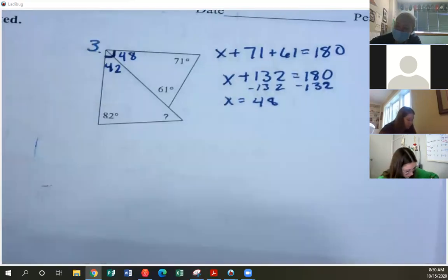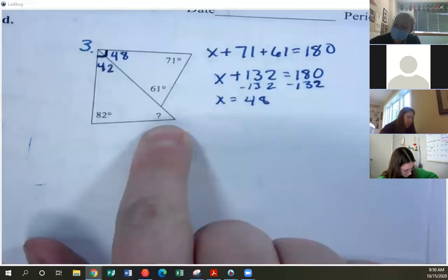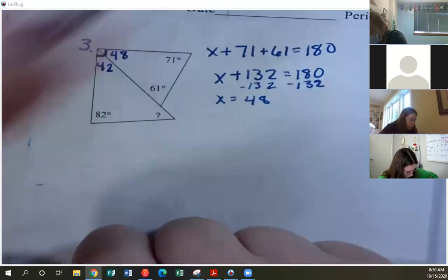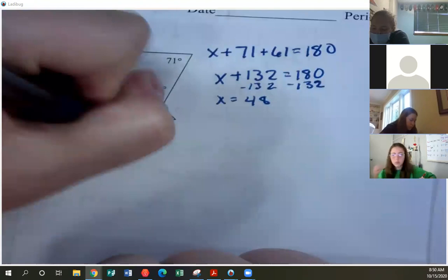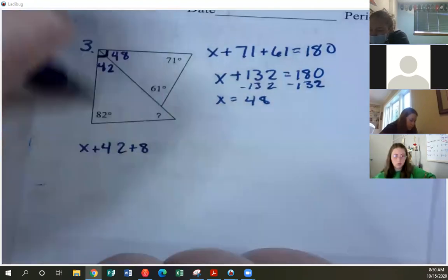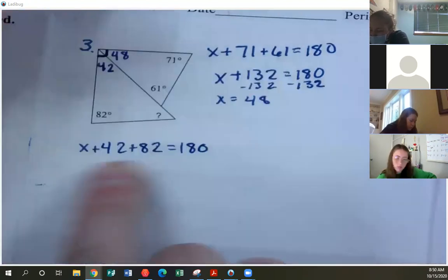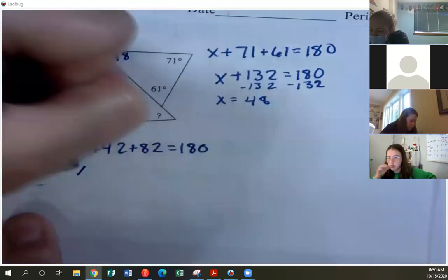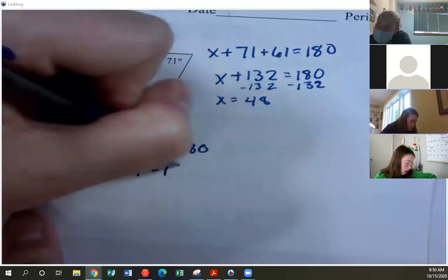All right, and now we have these two angles. And this one is the one we're looking for, but we have the other two in the triangle. So x plus 42 plus 82. You can always just add these together and subtract them from 180. That's what I'm about to do. But I am showing you the math way to do it. x plus 124 equals 180.